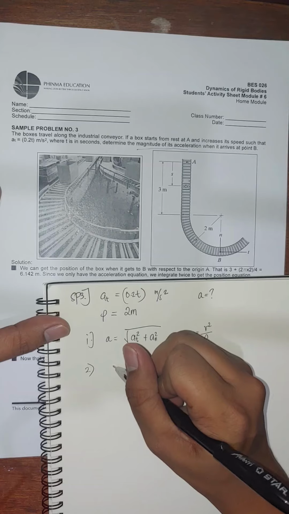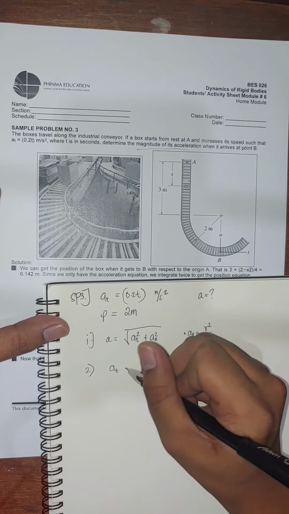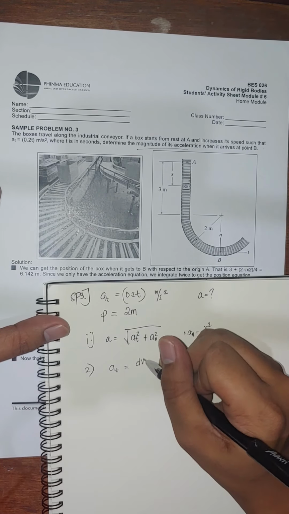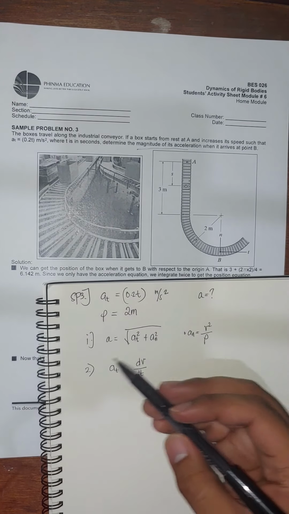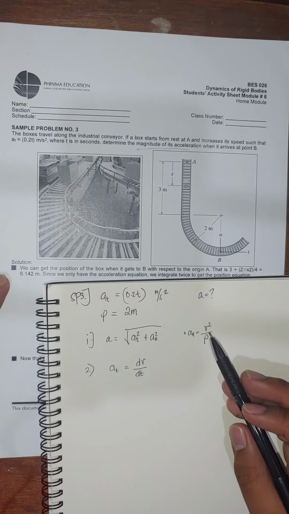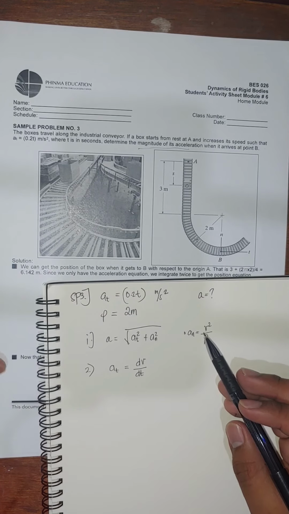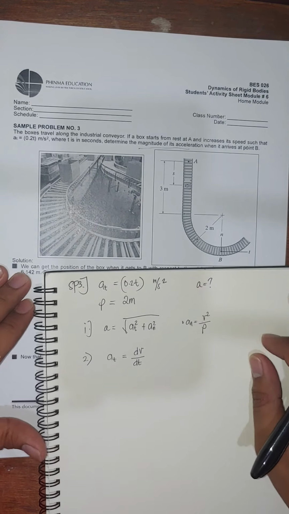Acceleration is just equal to the derivative of the velocity with respect to time. From this formula, we can get the function of the velocity with respect to time.